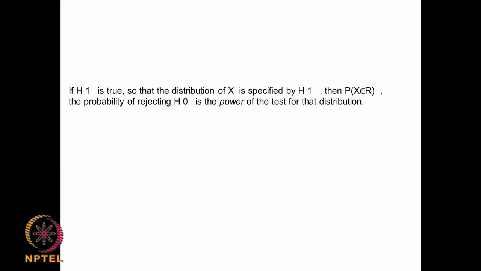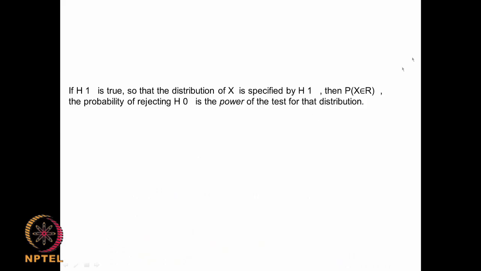H1 is true, so you have 2 situations, you do not reject H naught, that is the beta error, whereas you reject H naught. Okay. So, if H1 is true and you reject H naught, that is called the power of the test for that distribution.